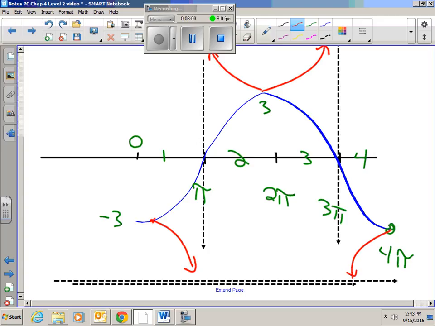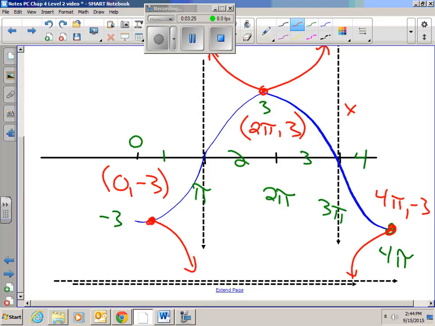My critical points: this point right here is (0, -3). This point is (2 pi, 3). And this point is (4 pi, -3). And my asymptotes are at x equals 3 pi and x equals pi.